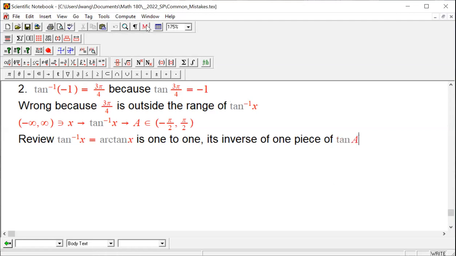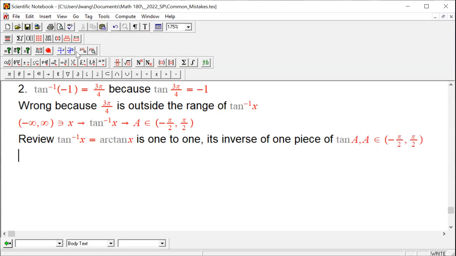If we specify it, that piece is where the angle is between negative pi over 2 and pi over 2. So these two functions are inverse to each other, but this is not the tangent that we often mention, which is otherwise specified. So these two functions are very different.